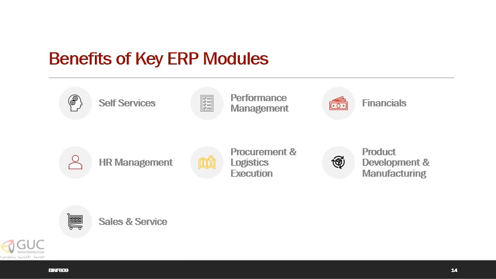The procurement and logistics execution sustain cost saving for all spending categories by automating such routine tasks as determining sources and converting them into purchase orders, and by allowing employees to use electronic catalogs to order products and services.